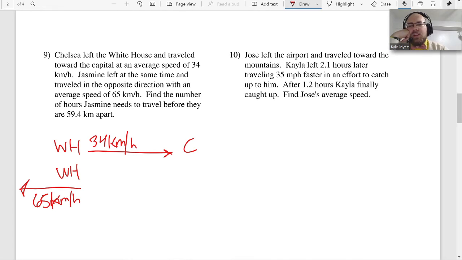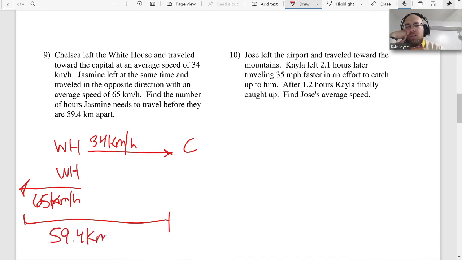Find the number of hours Jasmine needs to travel before they are 59.4 kilometers apart. Right, so we want the total distance, right? So this is a little different. All the questions so far, we've been setting them equal to each other.